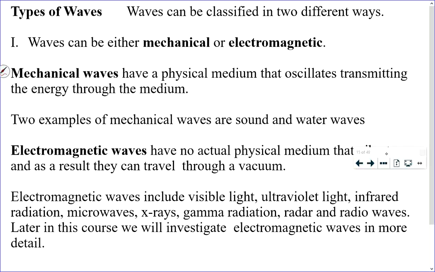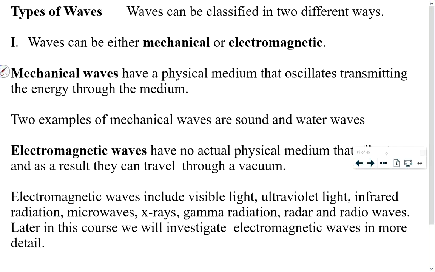Radio waves, radar, gamma radiation, X-rays, microwaves, ultraviolet, infrared, all of these are types of waves, but there's no physical substance to them. And in 1905, roughly, they did a whole bunch of experiments to try to detect if there was a physical substance for light. And it turns out there isn't.